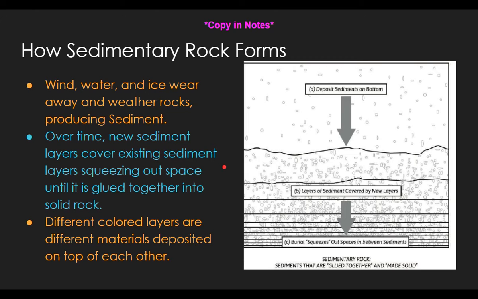All right, here's some more information for you and a nice little diagram for you to copy down. So wind, water, and ice wear away and weather rocks, producing sediment. So we've already learned about that part.